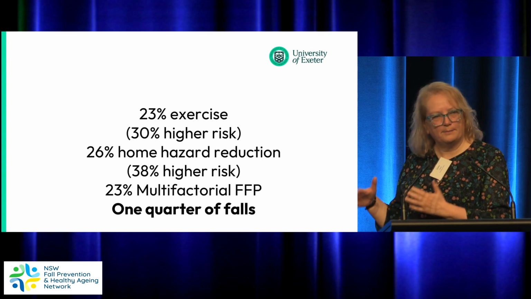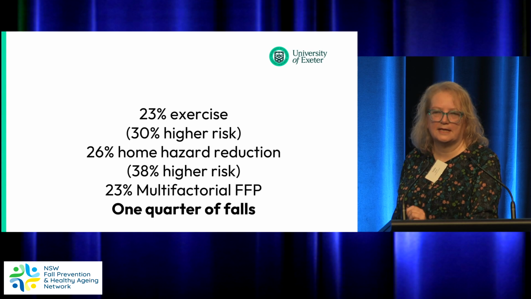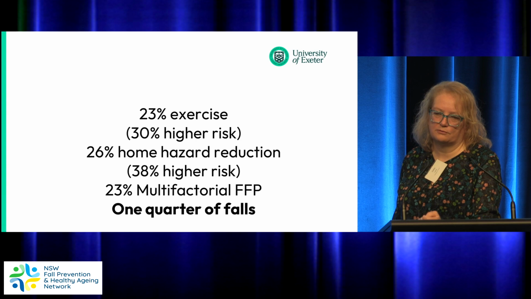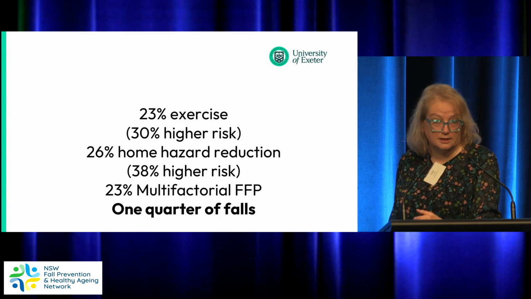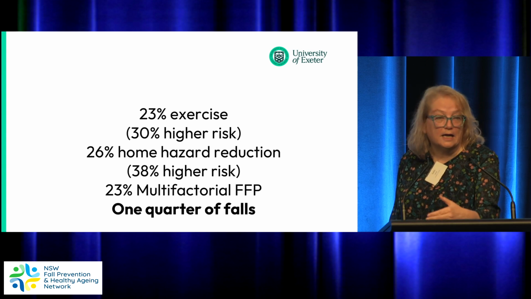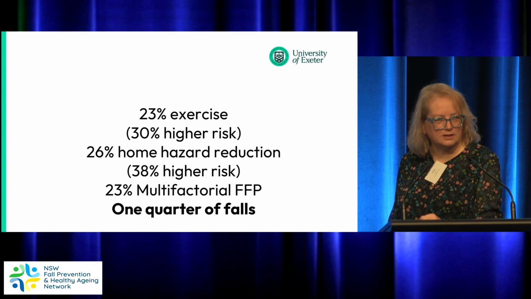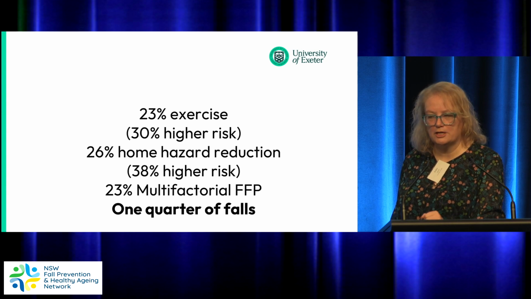We can argue a little about exactly how much, but the Cochrane estimates say we can reduce about 23% of falls through exercise. In higher risk groups, that goes a little higher to 30%. 26% through home hazard reduction, again higher in a higher risk group, remembering that these higher risk groups are sometimes quite difficult to find. And we can prevent about 23% through multifactorial fall prevention strategies.